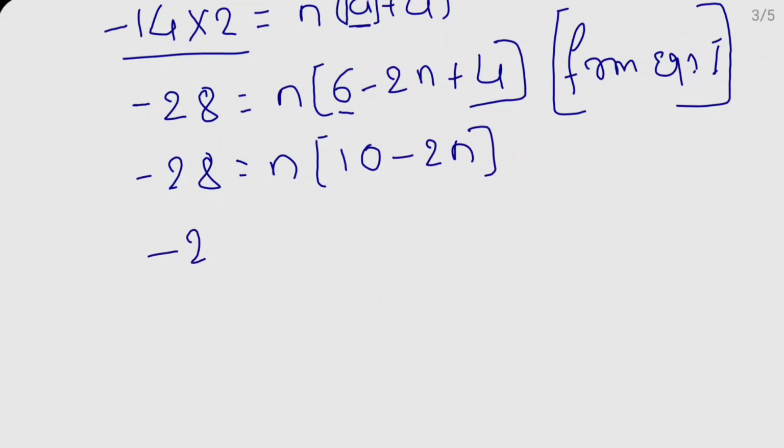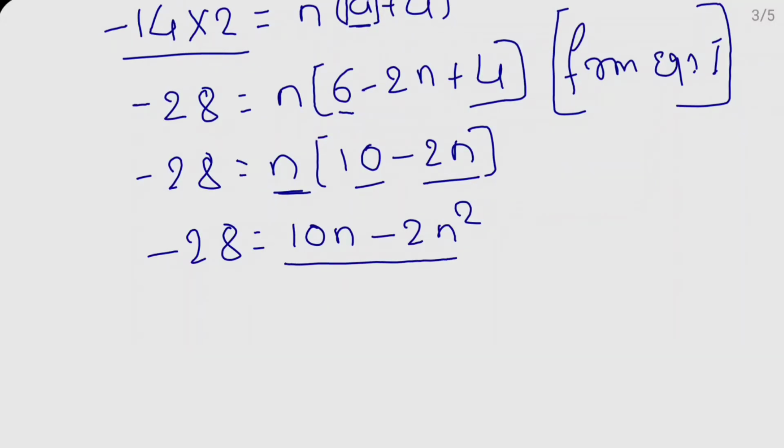So now minus 28 as it is, n into 10 is 10n and n into minus 2n is minus 2n square. Now bring these two terms to the LHS side.